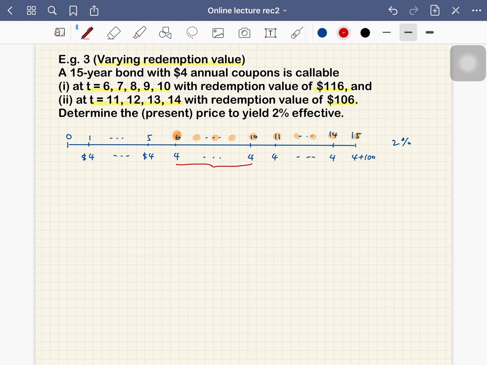So for the issuer, t = 6 is better than t = 7, 8, 9, 10, because the coupon rate of 4% is higher than the yield rate of 2%.